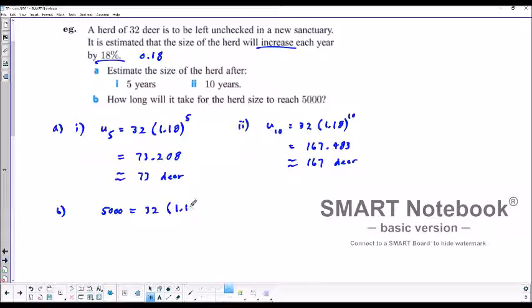And again, it's 1.18 as the growth factor, and we don't know how many years that's going to be. So we'll divide both sides by 32. And we get 1.18 to the power n. And so this is going to end up being 156.25.